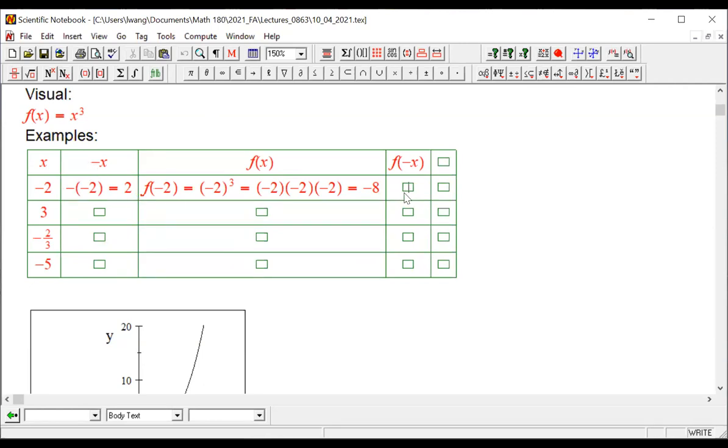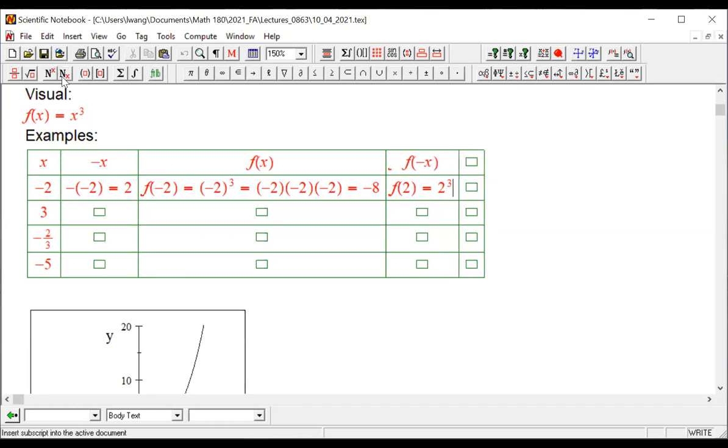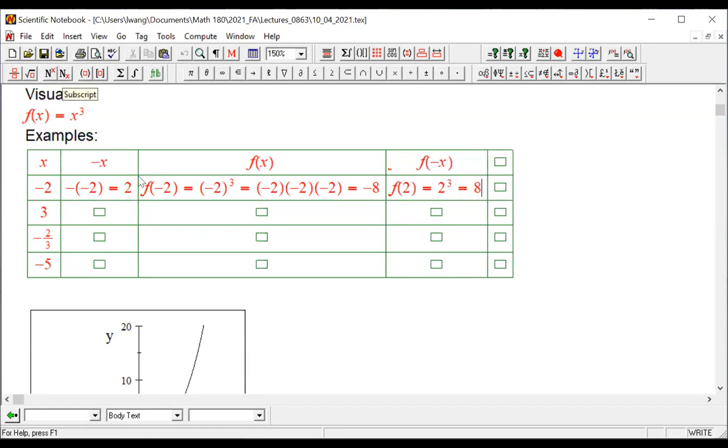Negative x is 2, so f of negative x is f of 2, which is 2 to the power of 3, equals 8. So f of negative 2 is negative 8, and f of 2 is 8.